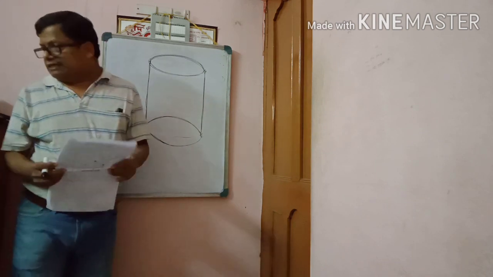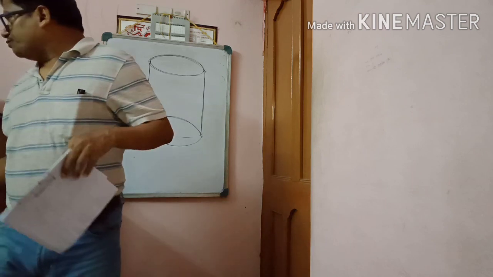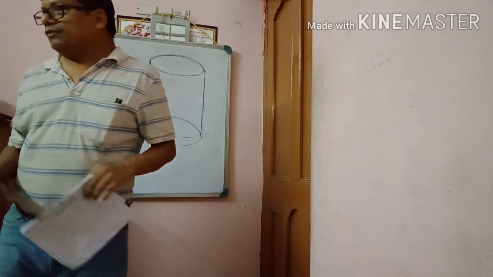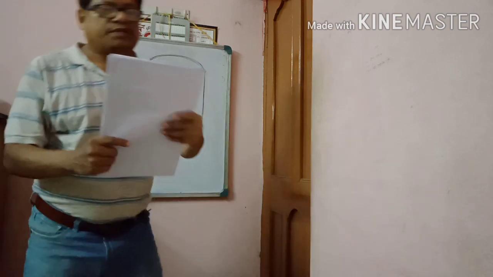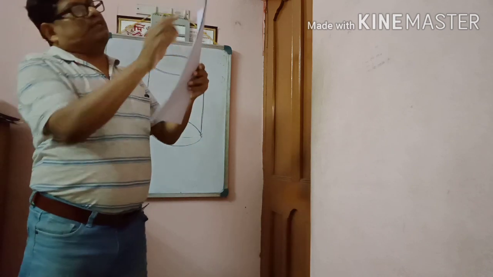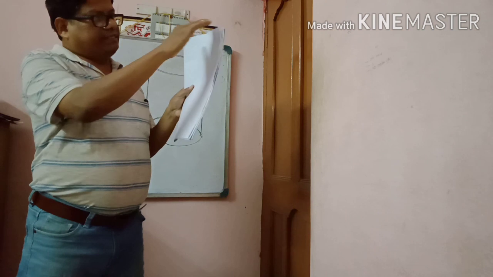Listen now, one thing I am explaining. Suppose this forms a rectangle, this side is length, this is breadth.